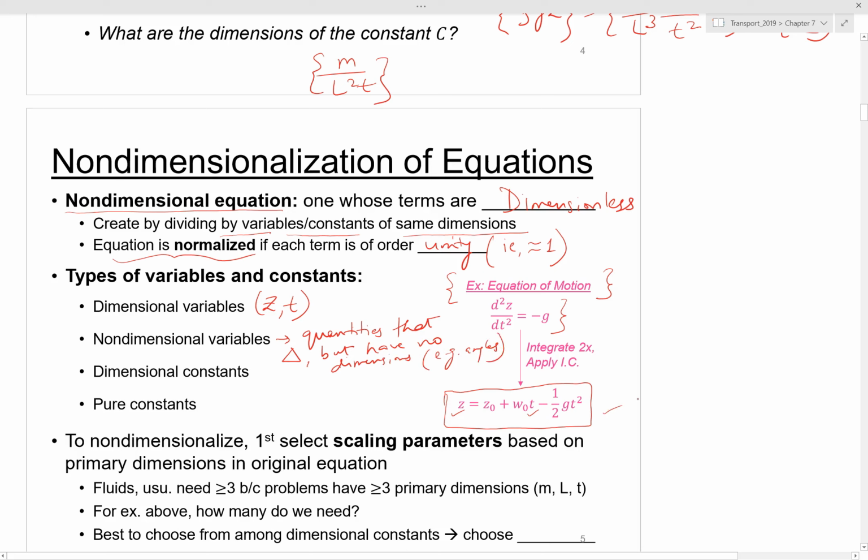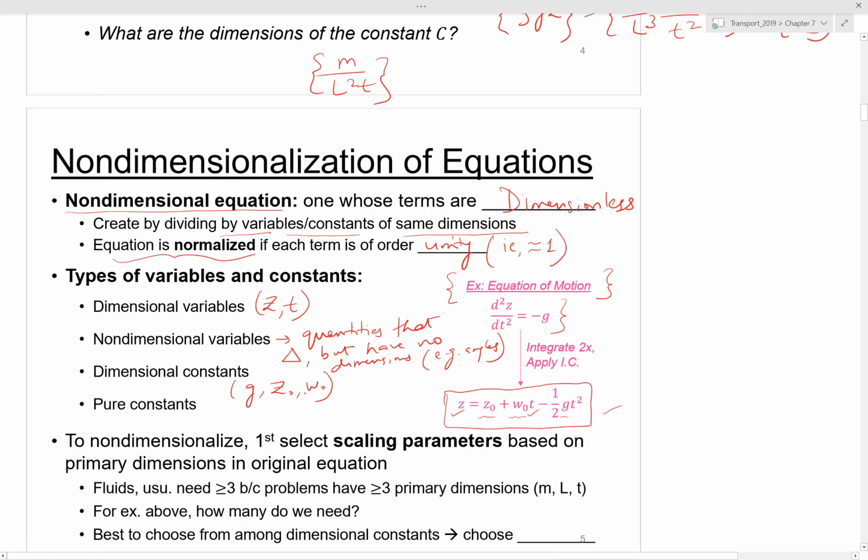Now you might be wondering, what about Z naught, W naught, and G? So these are dimensional constants: G, Z naught, W naught.